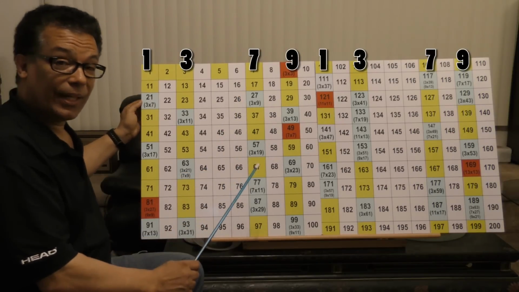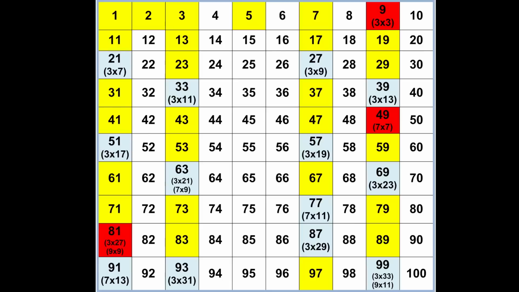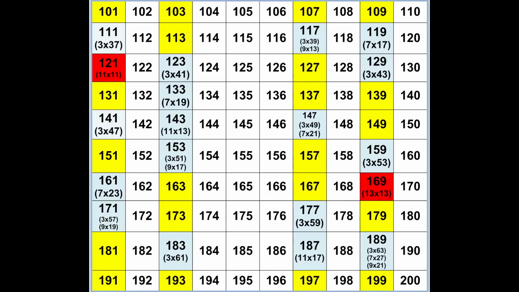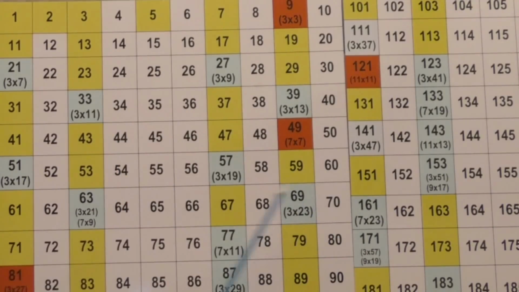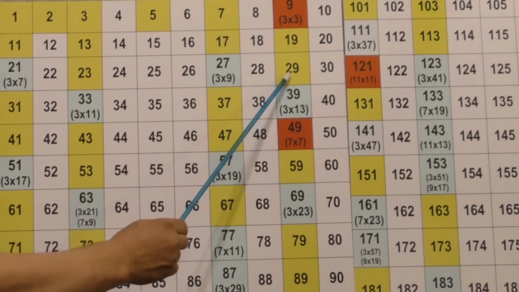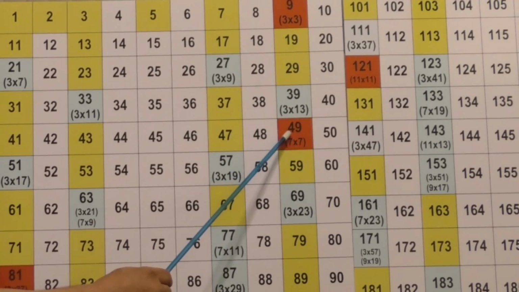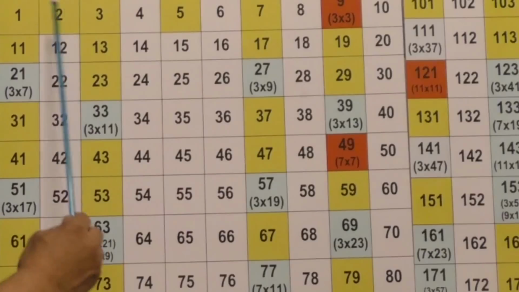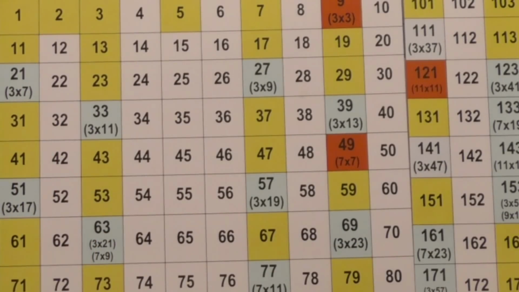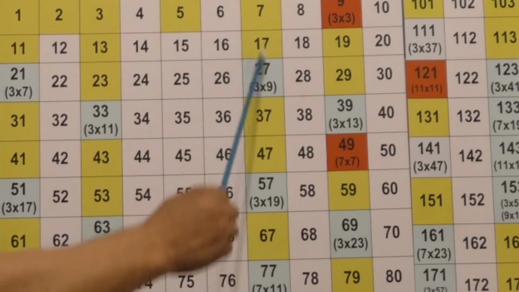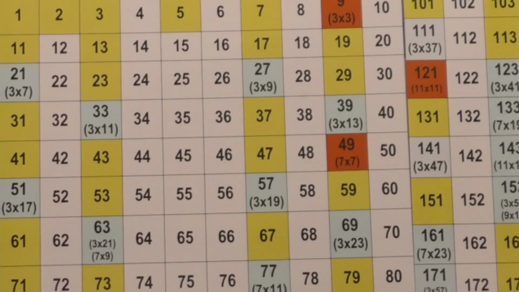Here, we use a cynosure continuation set from 1 to 100 and from 101 to 200. And these two sets have prime numbers exposed in yellow and non-prime numbers in blue and red and in white. What columns we isolate here, 1, 3, 7, and 9.